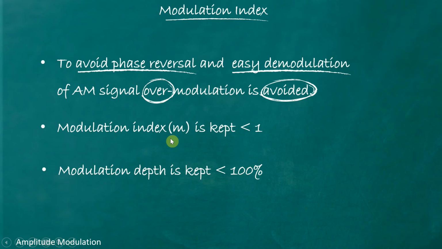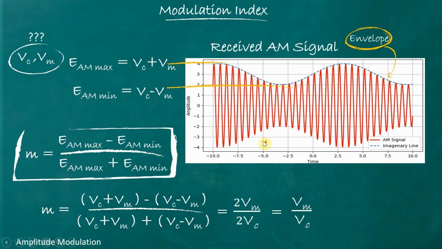We have to set the modulation index less than 1, and the modulation depth is kept less than 100 percent. Normally the modulation index is represented in terms of percentage or as a normal value less than 1.